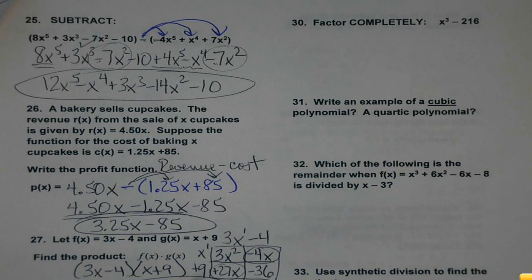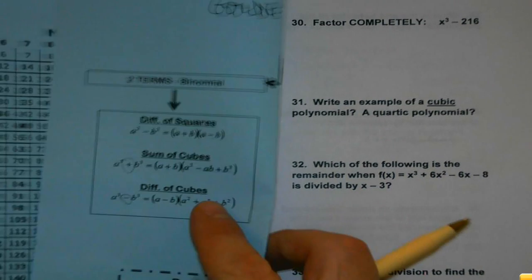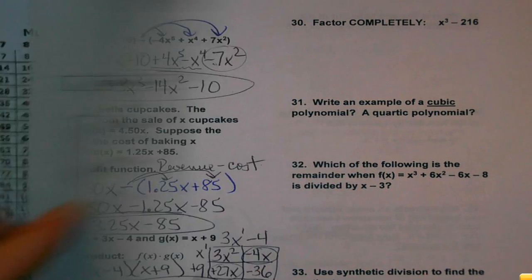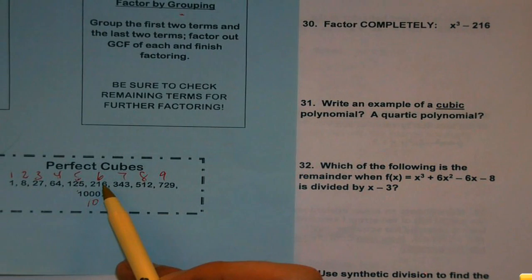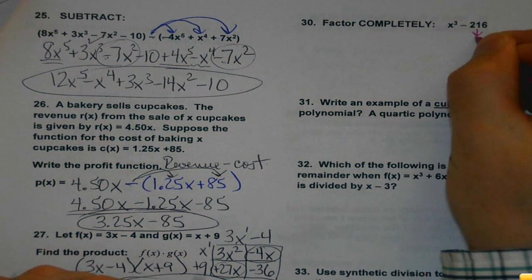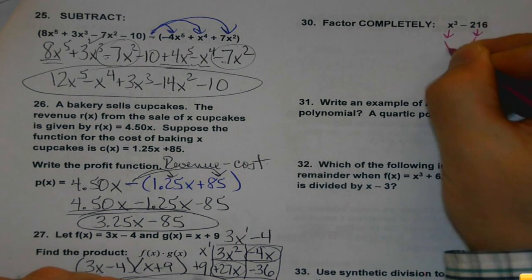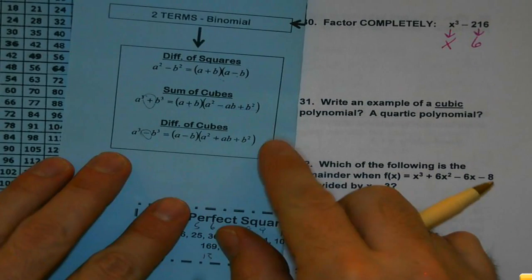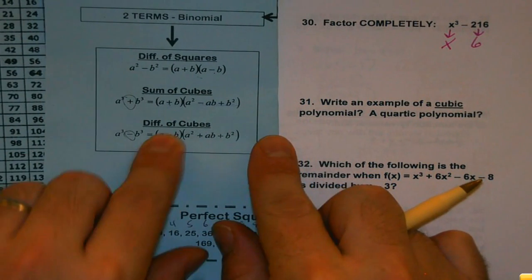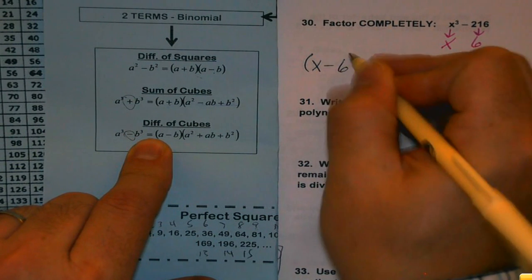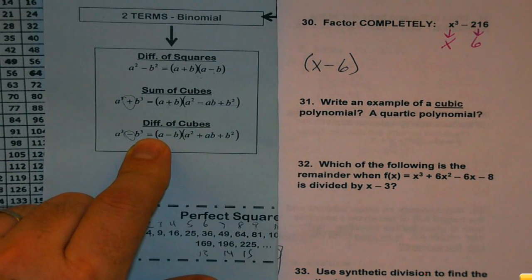Factor completely. Again, you're going to have your cube sheet. Here's my perfect cubes. 216 is 6. So when we're doing this, again, write down what you cube to get each part. Because once you do, now it's just going to be following my difference of cubes, which says write the two terms down with the sign in the middle.